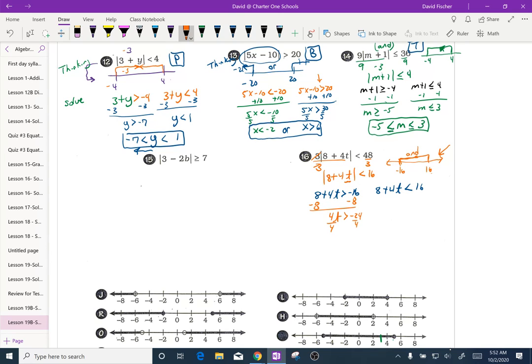Let's divide both sides by 4. t is greater than negative 24 divided by 4, which is negative 6. Go over here and solve the other one. Again, I want to subtract my 8's first. 4t less than, that's going to be 8. Divide by 4, divide by 4. I got t is less than 2.